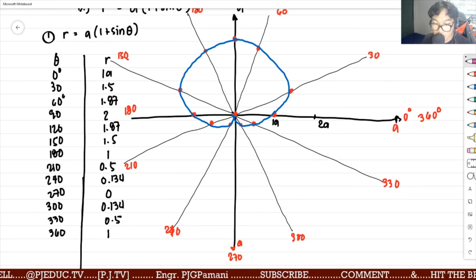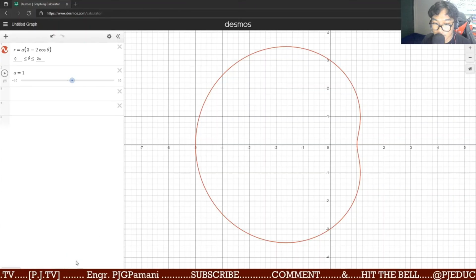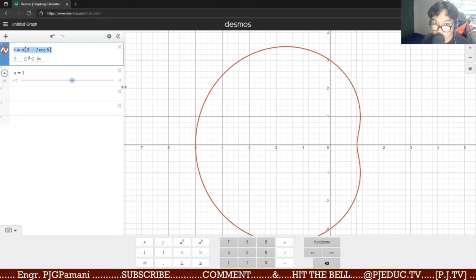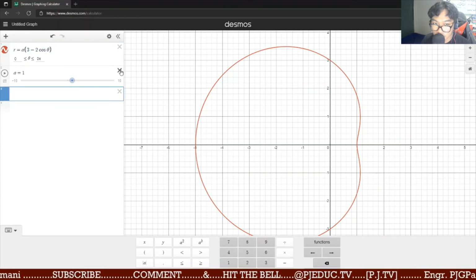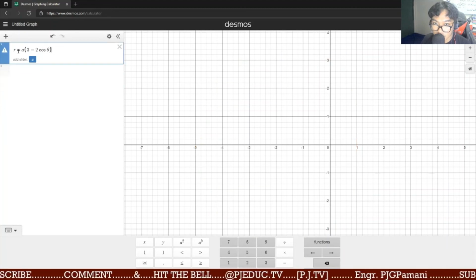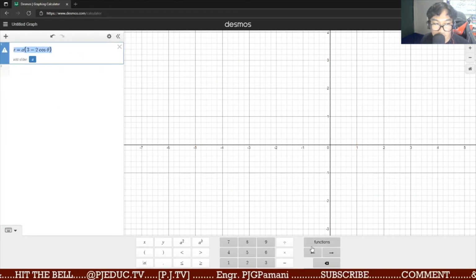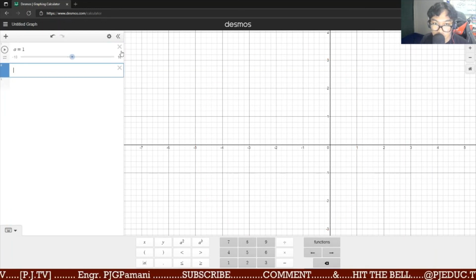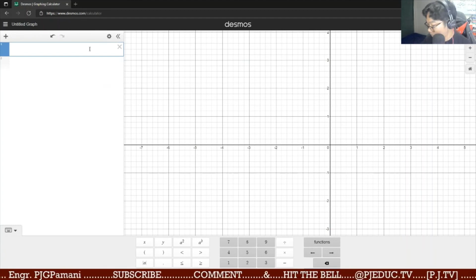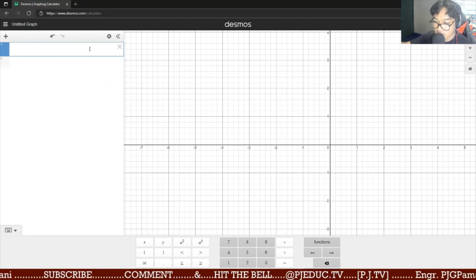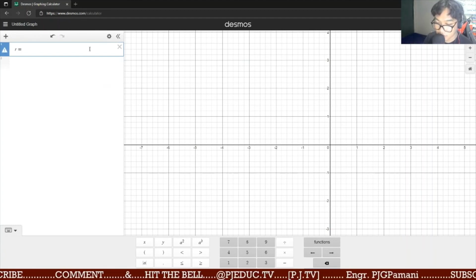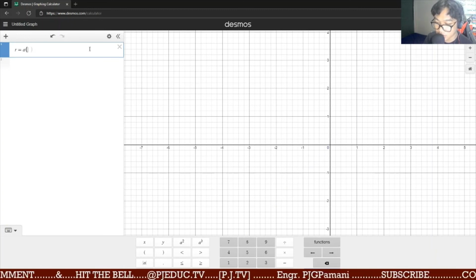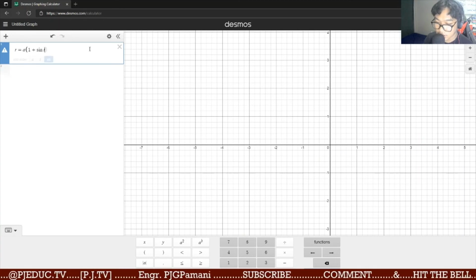Check natin doon sa ating website kung tama yung ating curve. Check natin. That is R equal 1 plus sine theta.